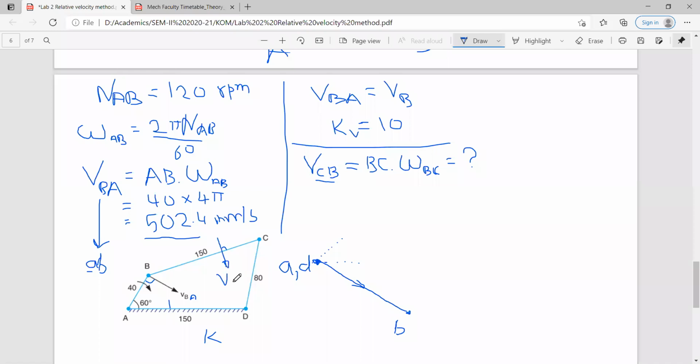It is velocity of C with respect to point B. डायरेक्शन समझ में आया आपको?